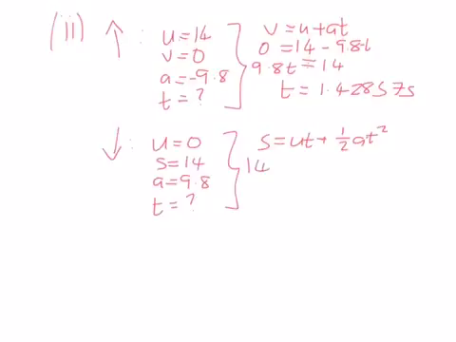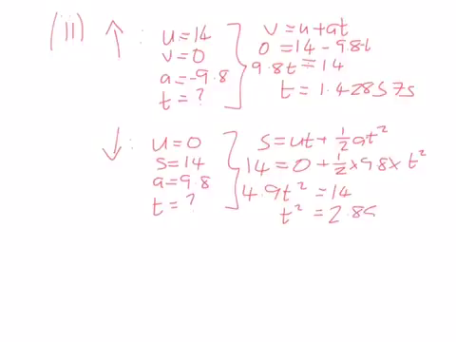So 14 is going to be equal to 0 plus a half times 9.8 times t squared. When we simplify that down, we'll have 4.9t squared equals 14, which will leave us with t squared equals 2.85714.